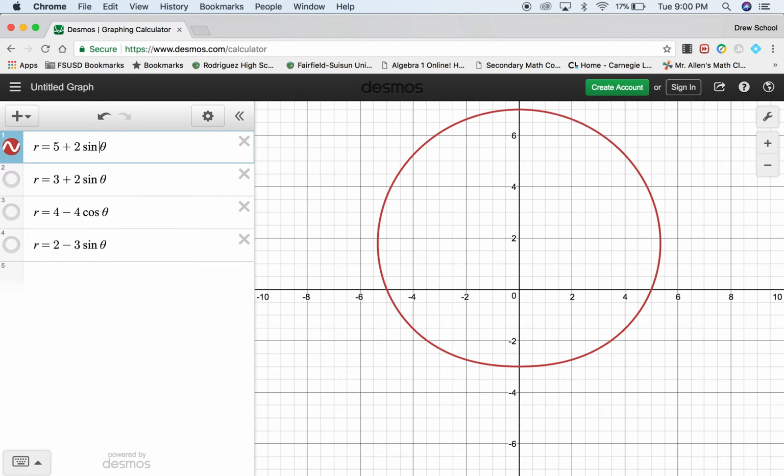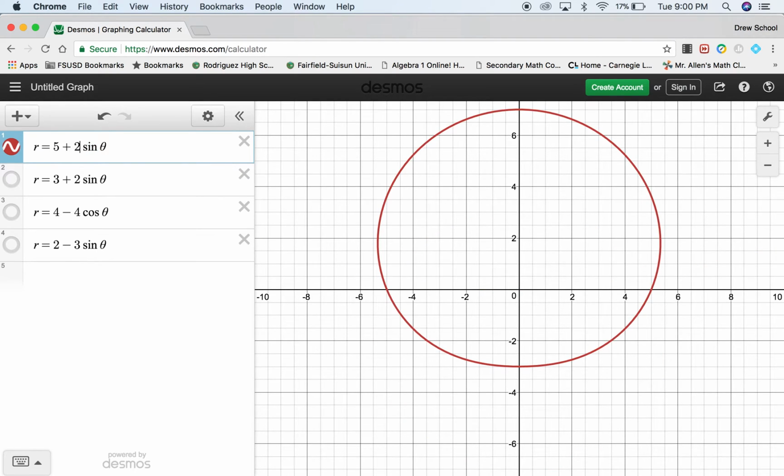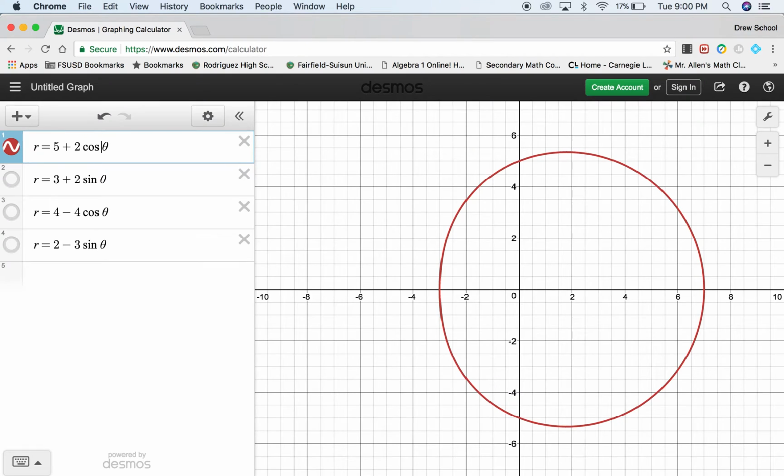If it's sine, it's symmetrical over the y-axis. Again, if it's plus, the bigger majority of it is going up. If it's minus, the majority of it would be going down. So let's change it back to what it was. When A divided by B is greater than 2, we have something that's called convex.